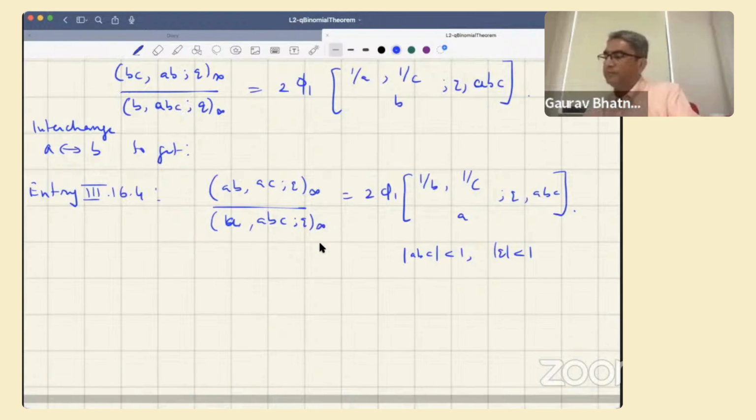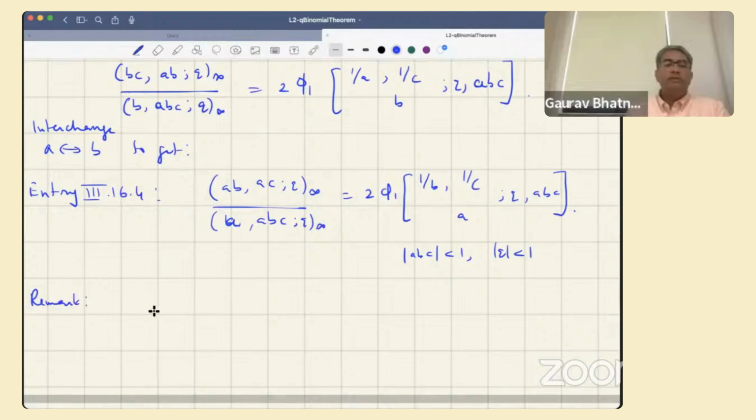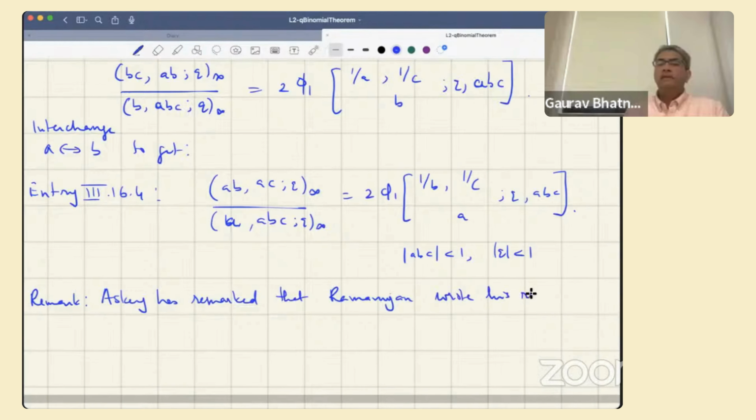a result of Gauss. So I just want to remark that this is how Ramanujan wrote things. So Askey has remarked that Ramanujan wrote his results to highlight the symmetries of the product side.